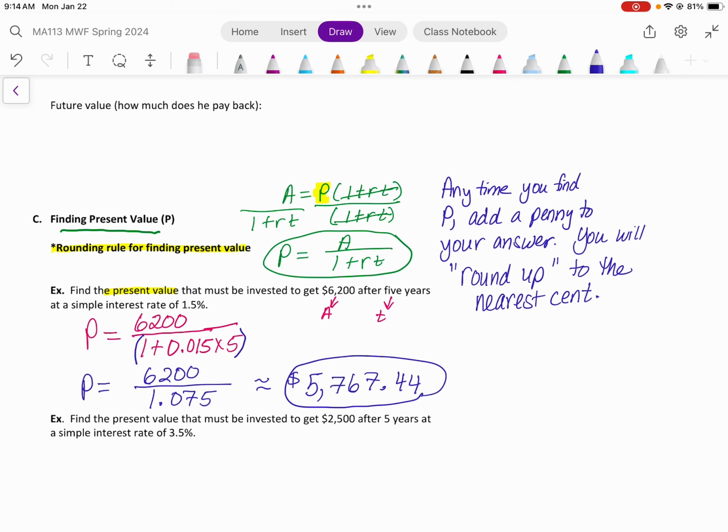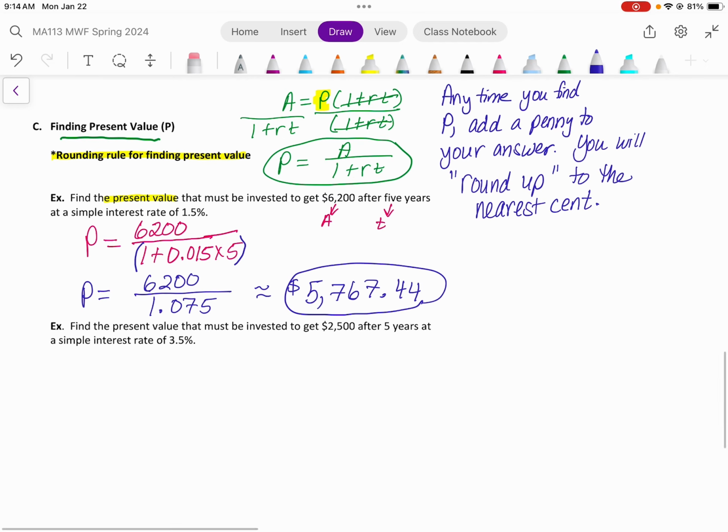Okay, I'll do this last one with you. Find the present value. We're going to find P. We want to end up with $2,500, so that's on top. And then after 5 years at a rate of 3.5%. Notice all of our problems today do say simple interest, which is important. In the next lesson, we'll do compound interest.